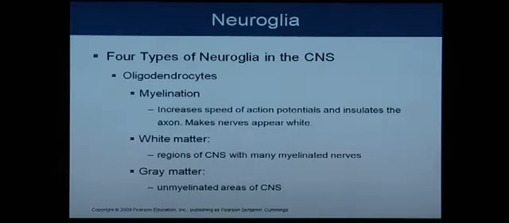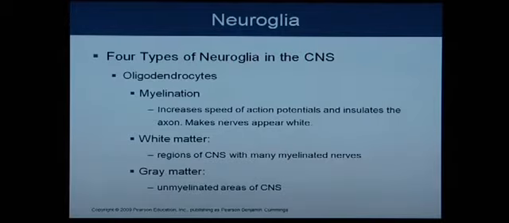And they insulate just like the Schwann cells, which we call myelination. Myelination is important because it wraps the axon and increases the speed of the action potential to insulate the axon, so the action potential can go through quickly, and it makes the nerves appear white, which is where we get the white matter term from.